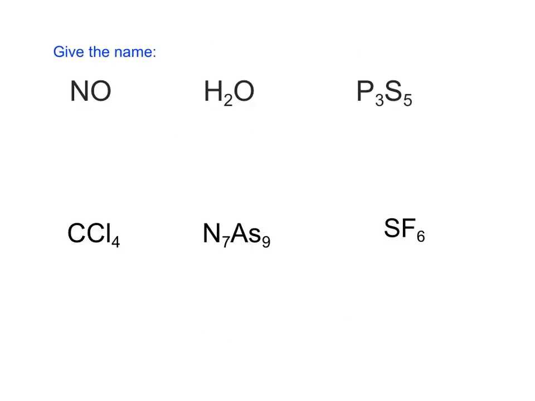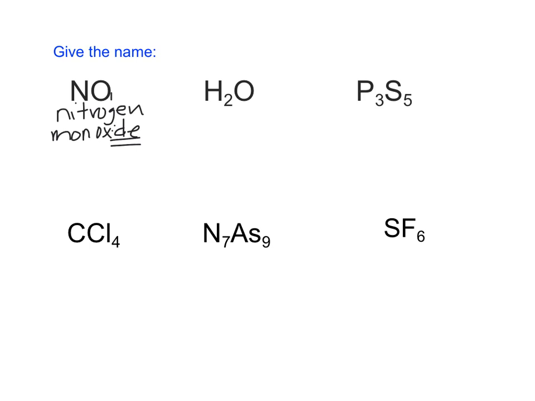Okay, so now let's use our naming system. Name NO. The first element, N, is nitrogen. Notice I do not change the ending of the first one. I have one of them, so I am not going to put mono on the first element. But I notice that for the second element, there's also one of them. So I will use the prefix mono and then oxygen, and we change that ending to IDE for the second element.